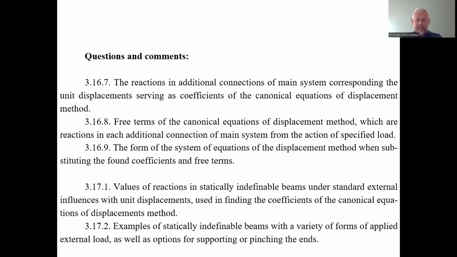But the product, as a summand of the canonical equation, of the factor of the forces arising under the action of the unit displacement on the displacement, as a subject to find as an unknown variable of the canonical equation, indicates not the force on the unit displacement, but the force when we find this displacement of the extra connection.